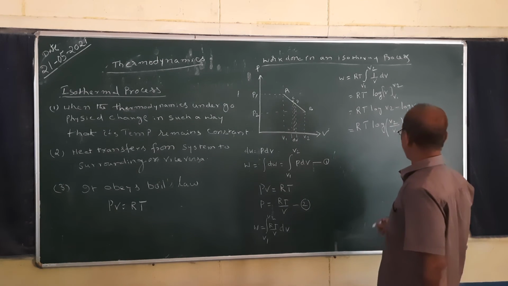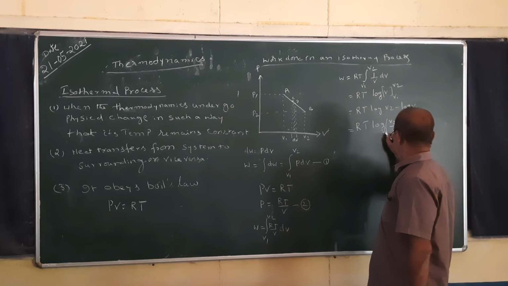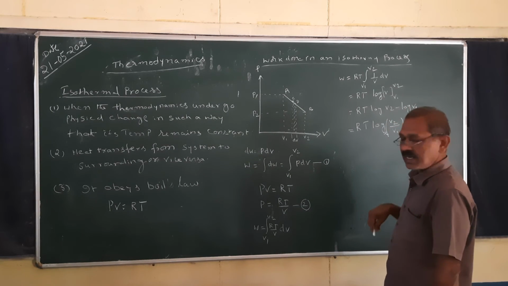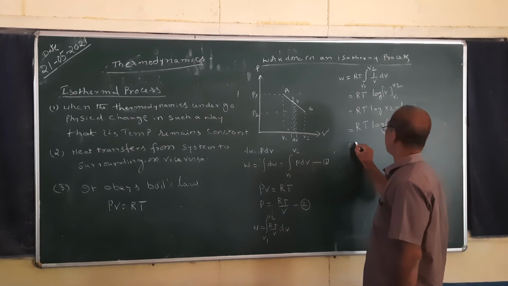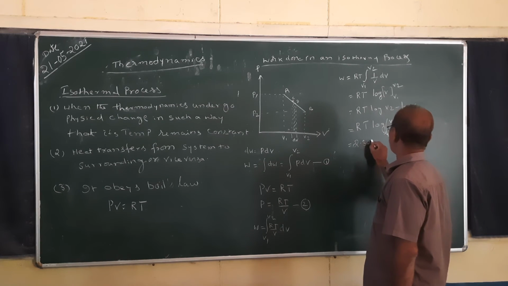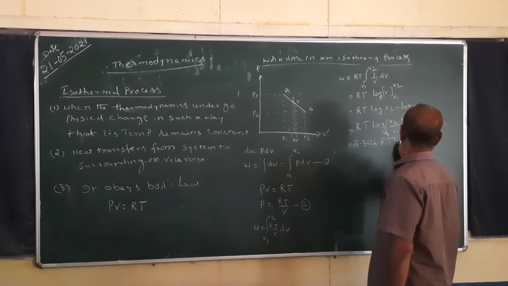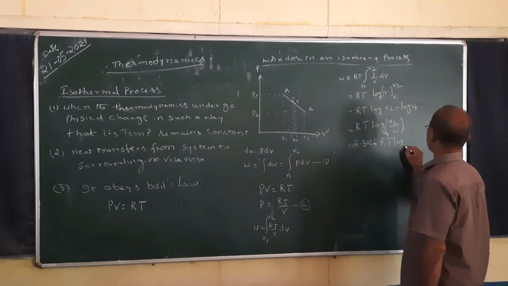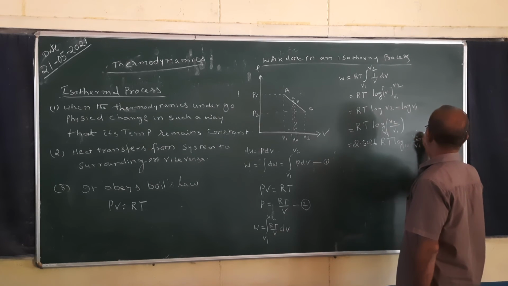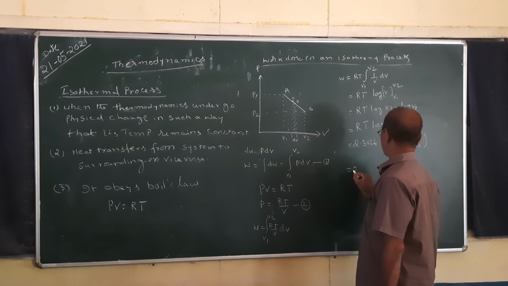Now this is base e. If we want to convert from base e to base 10, then it becomes 2.3026 RT log10 V2 by V1.